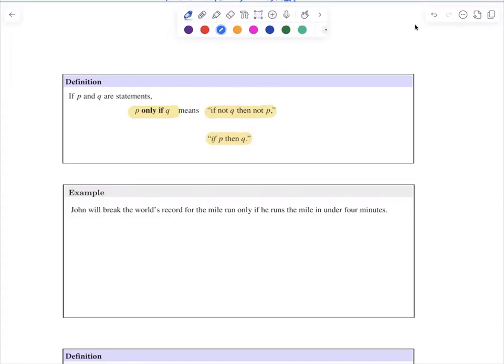For example, we can write, if John doesn't run the mile in under 4 minutes, then he will not break the world's record.